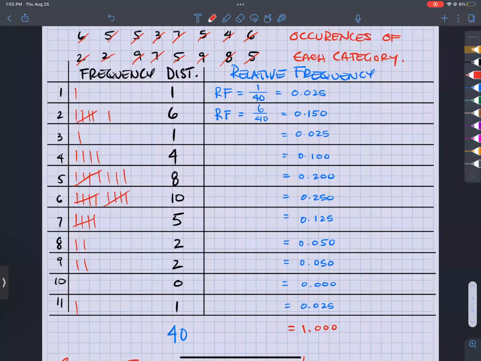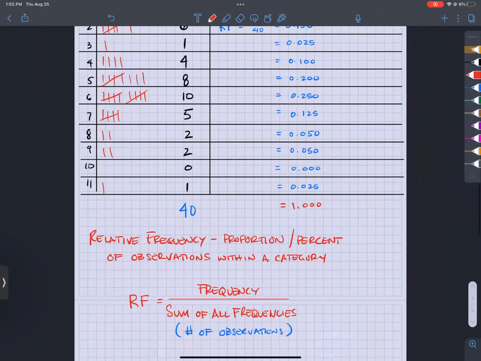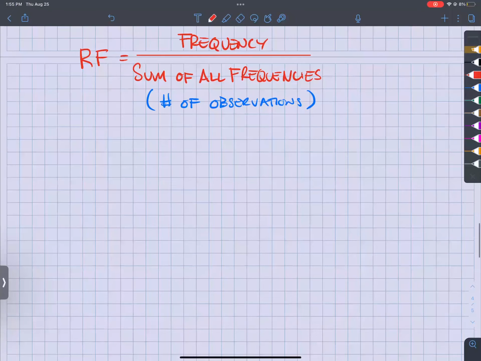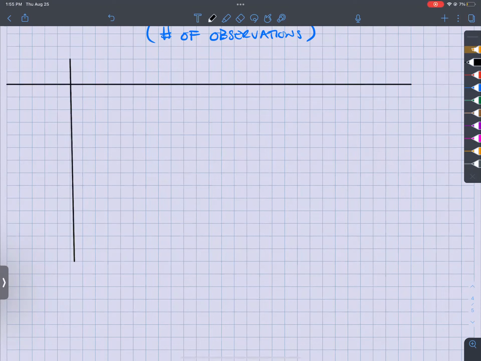Now, I could make a bar graph off of this, but I also want you guys to understand that I could have made this chart a little bit differently too, right? I could have made this chart where the categories were more like classes, so I could have used something like 1 to 3. If I do classes, this width has to be the same.